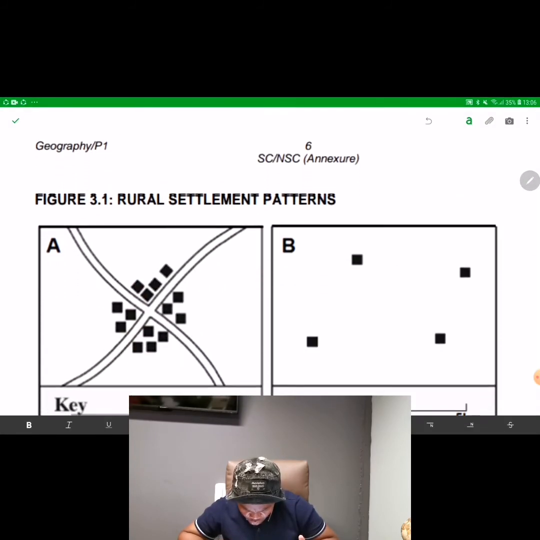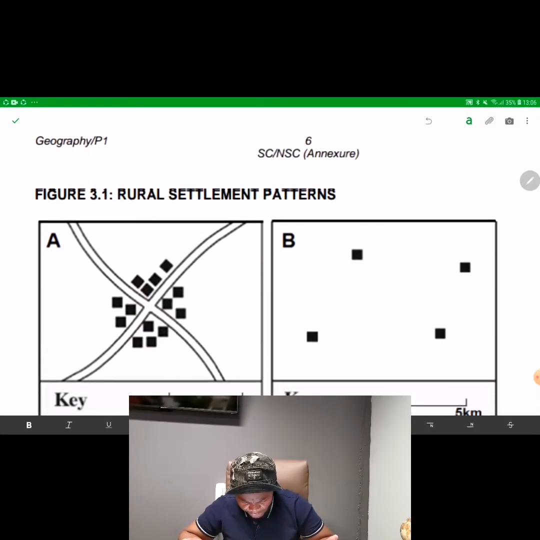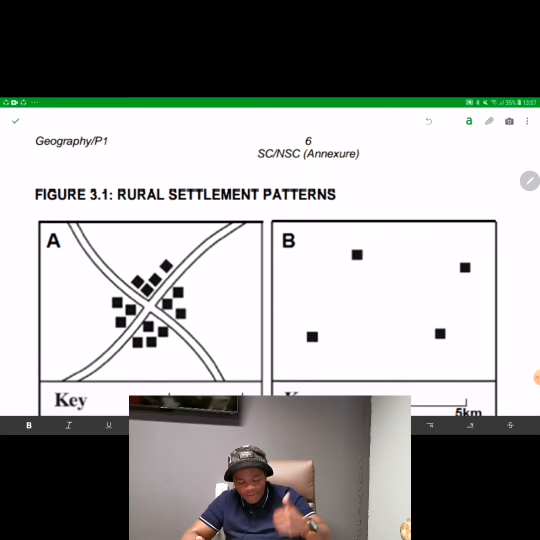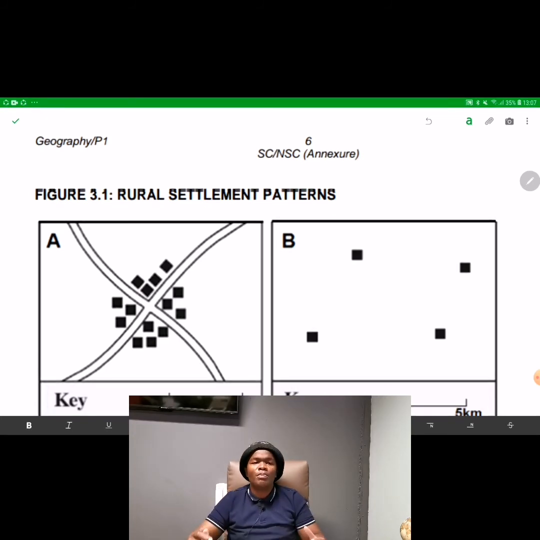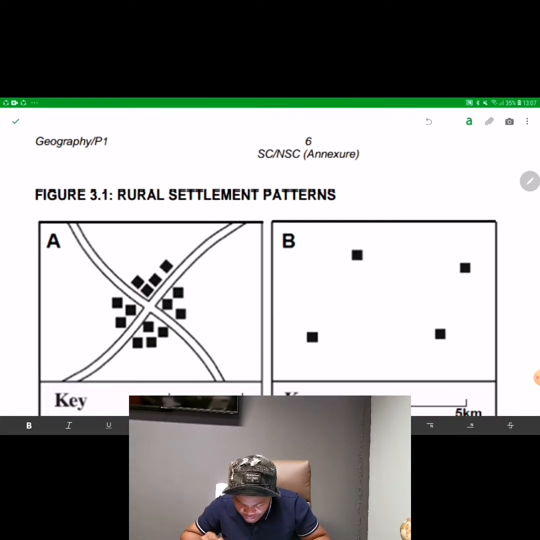Okay, now lacks privacy. Which one between the two lacks privacy? I'm sure you are also answering at home. Obviously A has the lack of privacy. Why is that the case? Because people are together, they don't have as much privacy as the people that are living in area B, where there's a dispersed settlement.